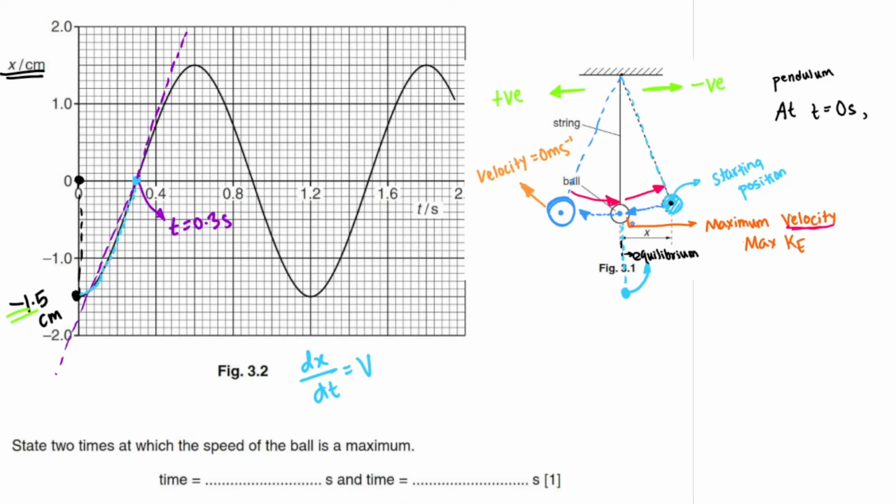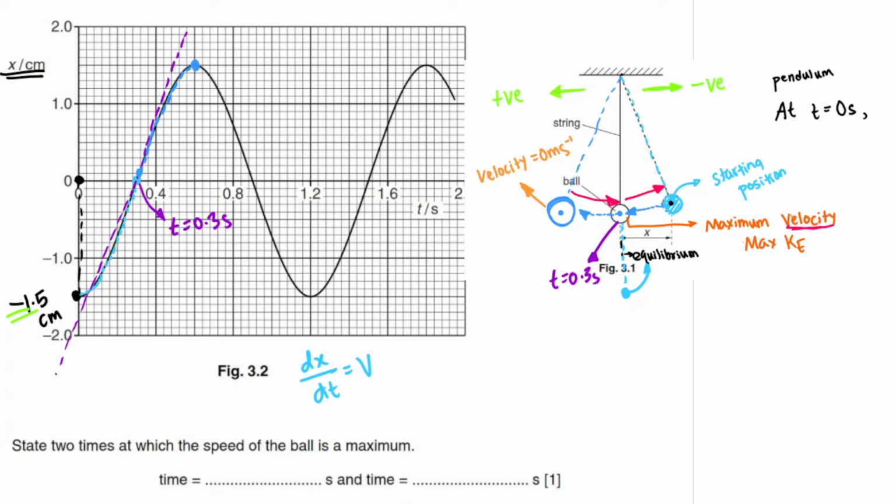So we can say that at time t equals 0.3 seconds, the object returns to equilibrium and has maximum velocity. Now the object further moves towards the left to reach maximum displacement towards the left from the equilibrium, and here velocity will be zero.